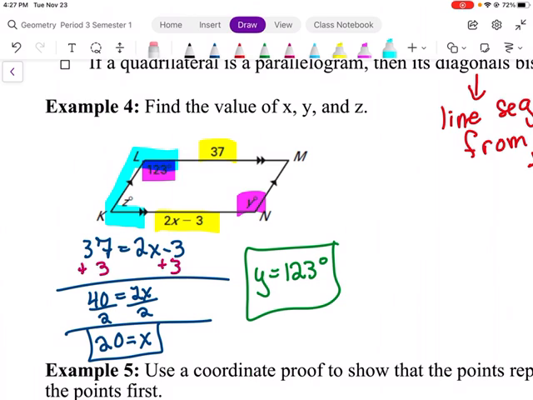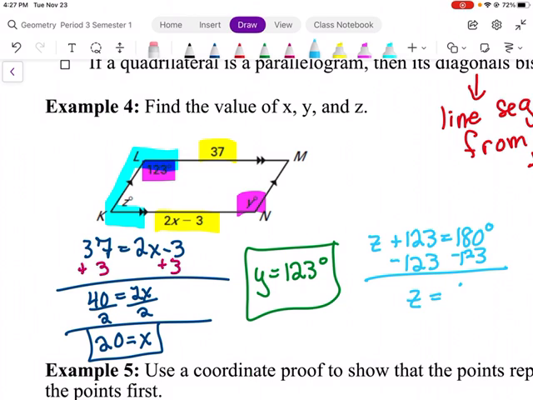So L and K are right next to each other, which are consecutive angles. So we know that z plus 123 is going to equal 180 degrees, which gives us enough information to solve for angle z, which is going to equal 57 degrees.